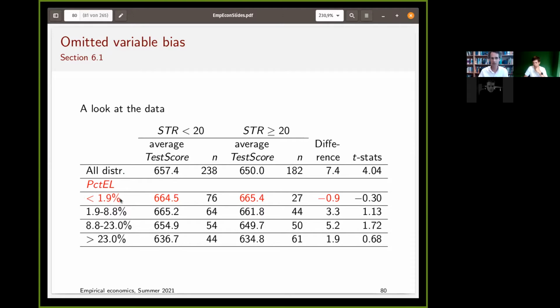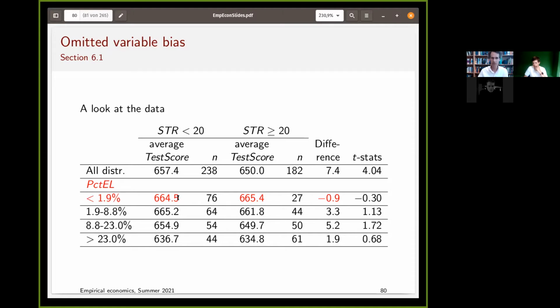So these are the districts where most students speak English as a native tongue. So they will understand everything the teachers tell them because there's no language difficulty for them. And now let's look at the average test scores for those districts where only few students have a foreign language.